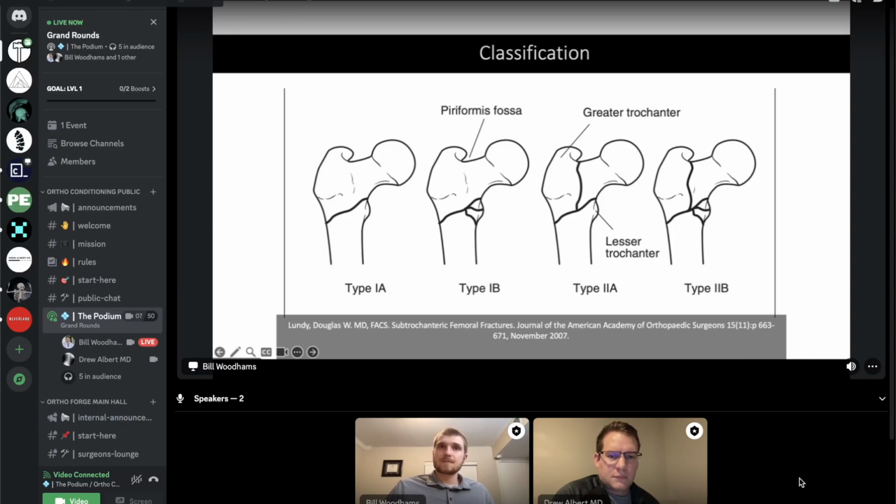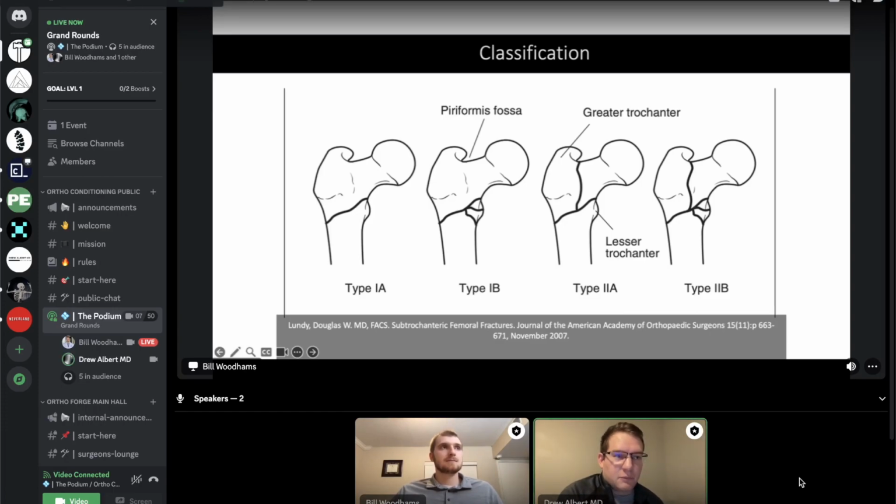So this classification system, at least in our hospital area, is not commonly used. And I think it's mainly because, from reading a little bit more about this, it sounds like the classification was used to differentiate whether we should be doing a nail versus a lateral plate or a blade plate.